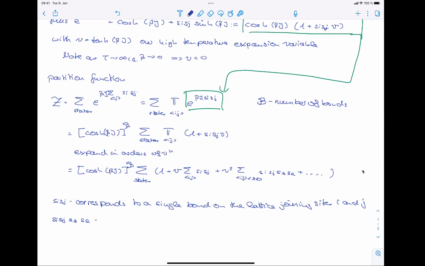I'm just taking the product, looking at states where I now have 2 bonds. So that corresponds to 2 bonds.